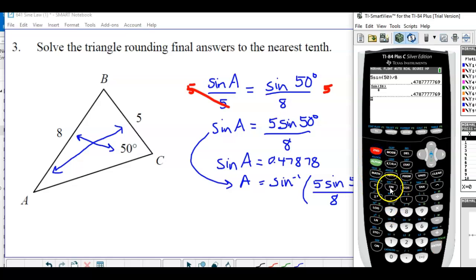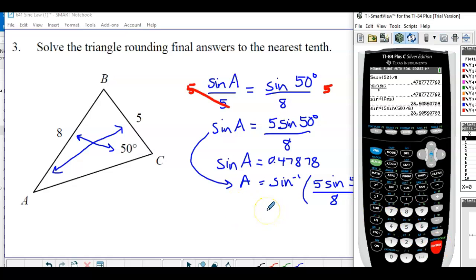So if I use the ratio that I've already calculated, I can just copy that answer out, close the brackets. There's my angle. If I do it right from this step, then it's second sine, and then I'd go 5 sine 50. You can do the fraction if you want. Close the brackets, divide by 8, then close the inverse sine brackets, and you get the same thing.